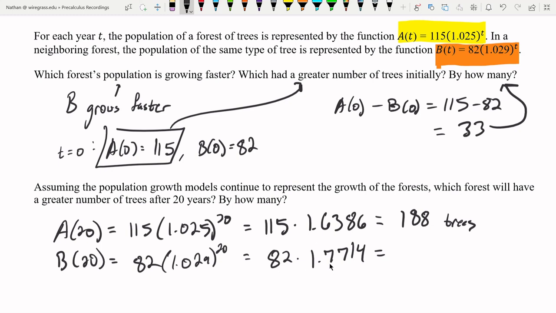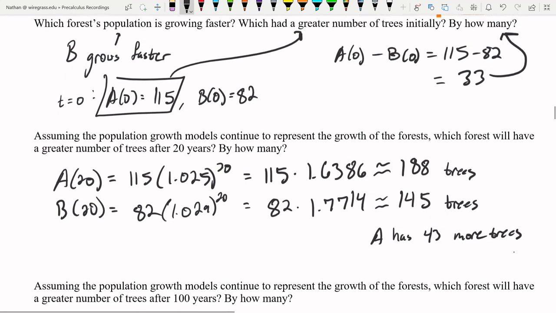So of course this number is larger than this number, so we know it's growing faster. But if we multiply it by 82, we still only have 145 trees in B. These are of course approximate, but B hasn't overtaken A yet after 20 years. It's still, let's see, 43 trees off. So A has 43 more trees.